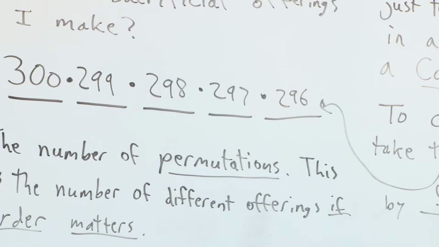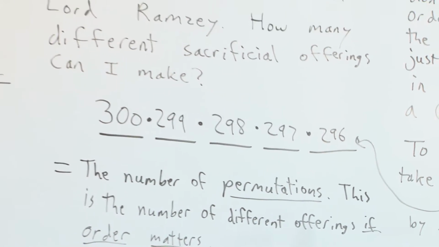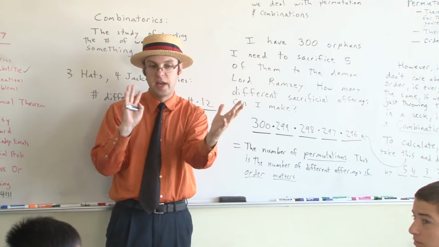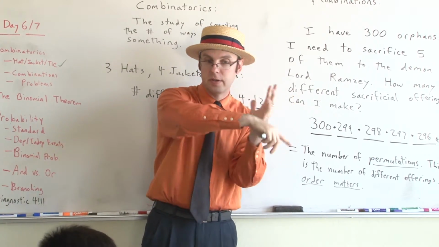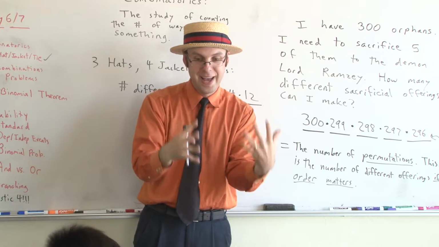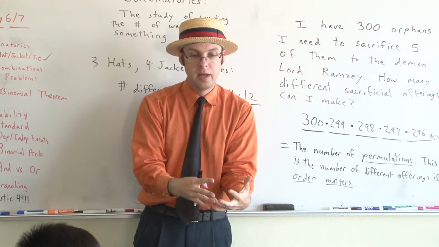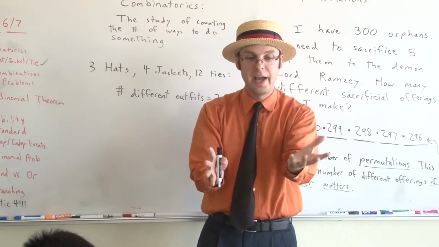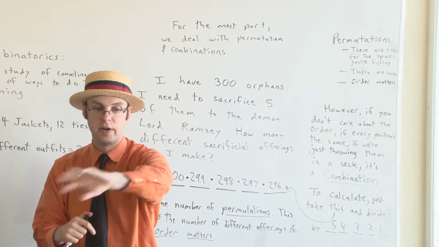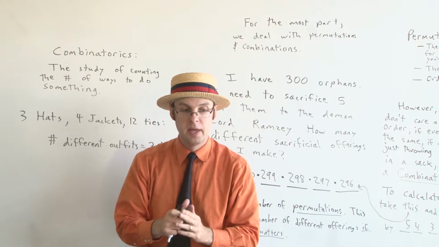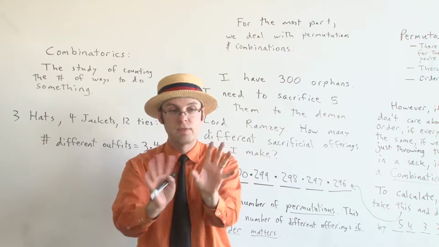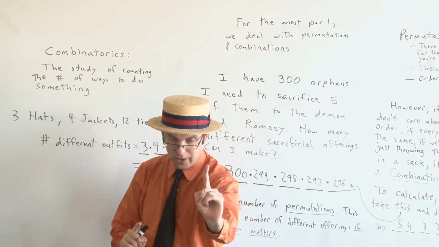Because Kevin, Emma, Sammy, Kylie, Lauren is the same offering as Lauren, Kylie, Sammy, Emma, Kevin, right? If that's the same offering, if it doesn't matter, then I have to divide out by the number of ways there is to rearrange you 5 guys. I have to divide out because all of those different ways of rearranging you count as one way.